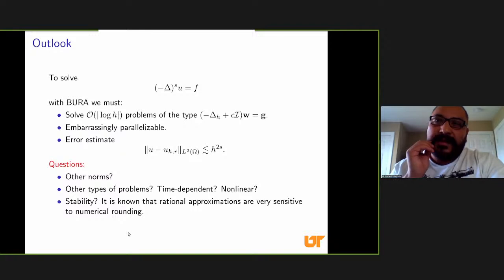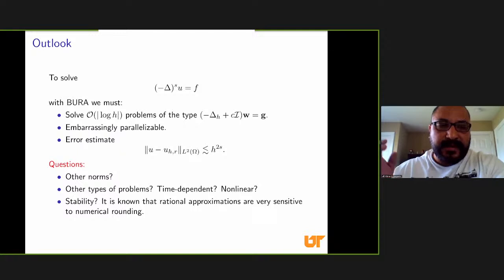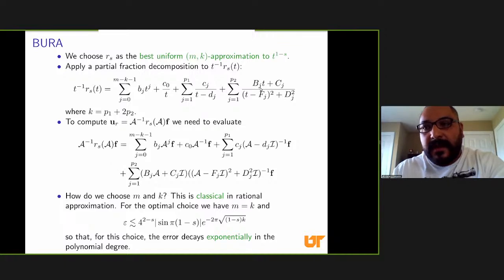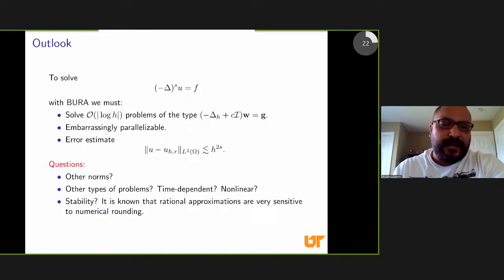And there's an issue that even though the topic of rational approximation is very well studied, it is also very well known that this is very sensitive numerically, in the sense that there are ways to find these coefficients, but you need to be very careful. I think I read somewhere that you need to use even quad precision sometimes to find these coefficients, otherwise you get into stability issues.